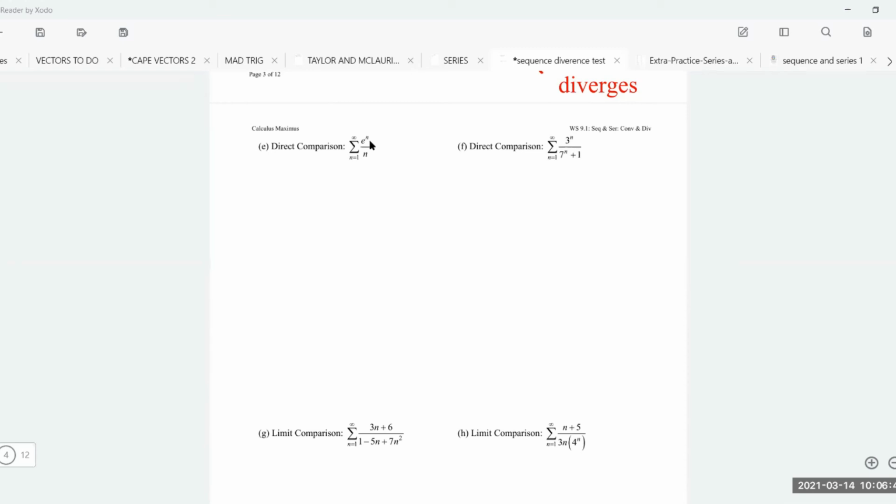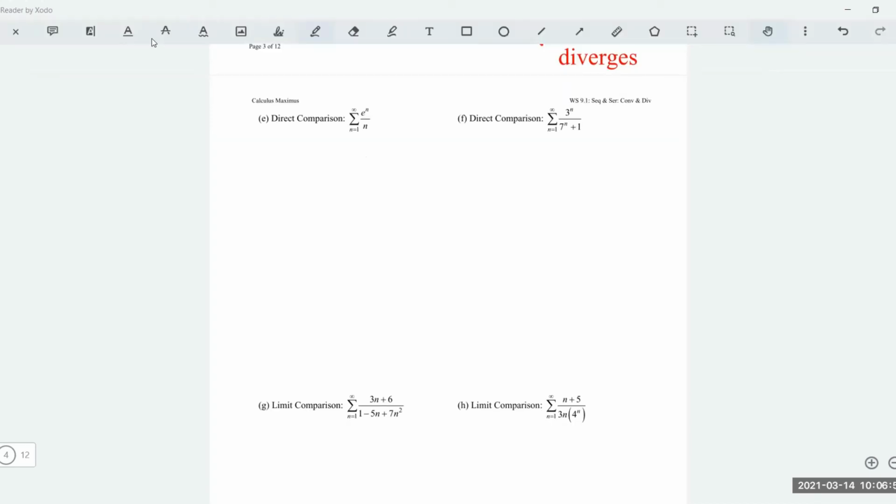So to use it, all we're going to do is find the limit as n approaches infinity of, remember D'Alembert's ratio test, u(n+1) over u(n).